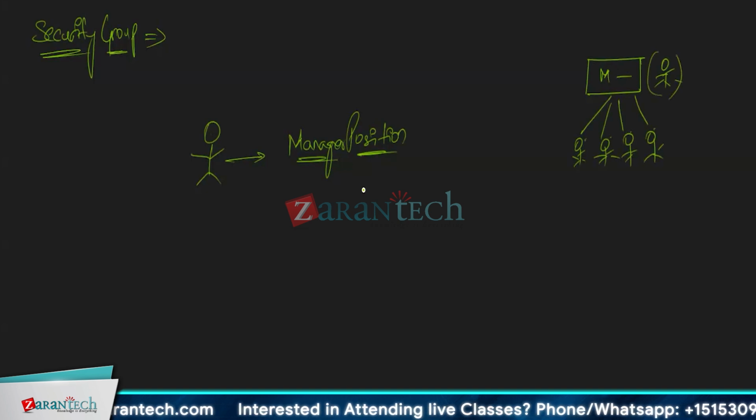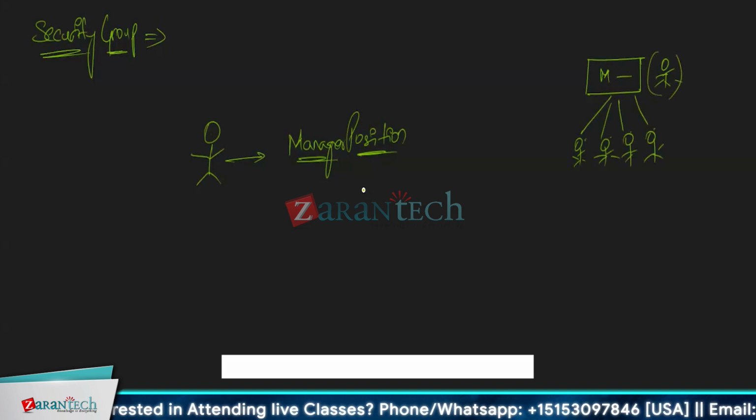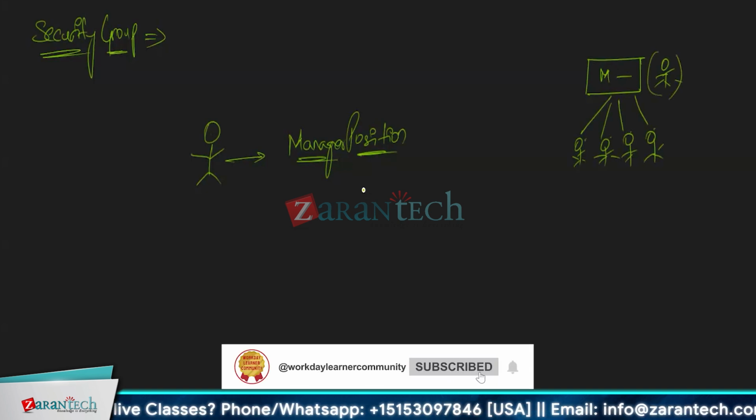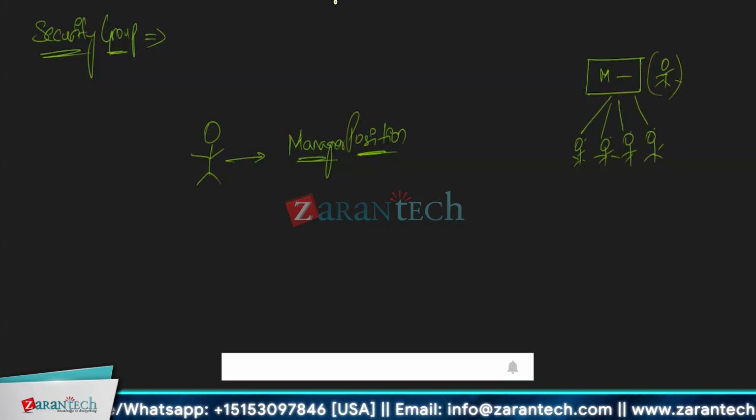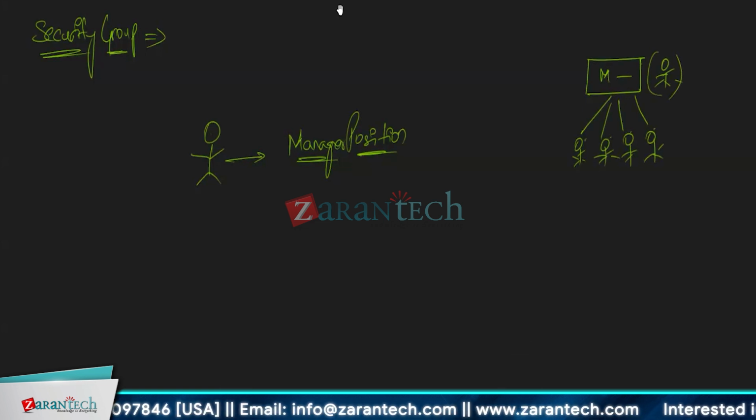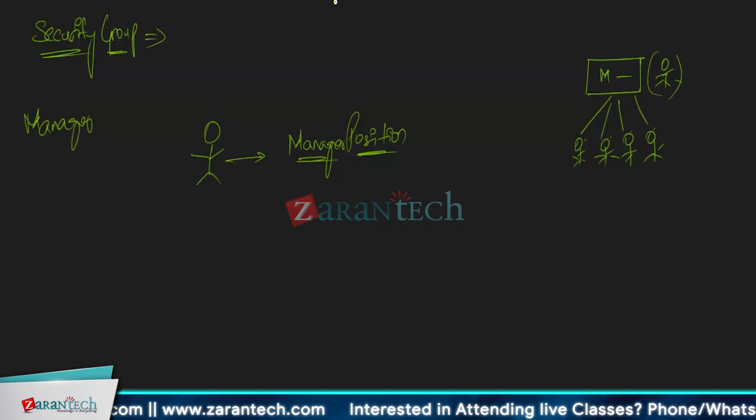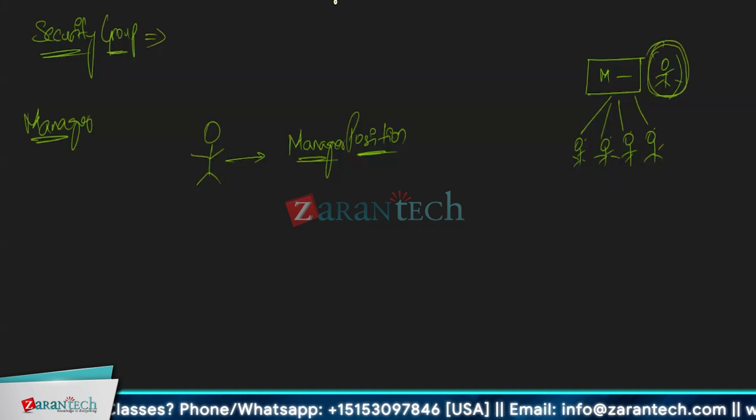So as a manager, the employee will have certain access privileges, right? An example, if you have seen in multiple business processes, there is an approval by manager. So how does Workday know to send this approval to this person? It will be depending on the security group assigned to the person.